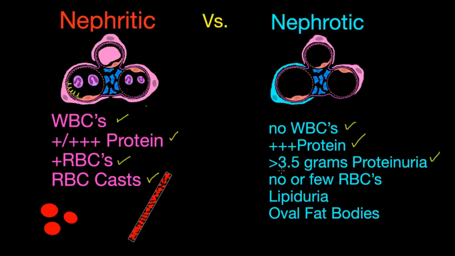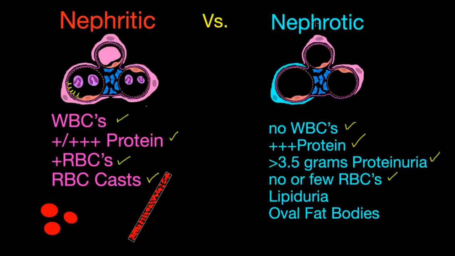And remember, if it's more than 3.5 grams of proteinuria per day, we're getting into the nephrotic range proteinuria. And remember, most of this protein is albumin, because that's the thing that's now all of a sudden leaking across more than it should. Okay, really there should not be a lot of hematuria.